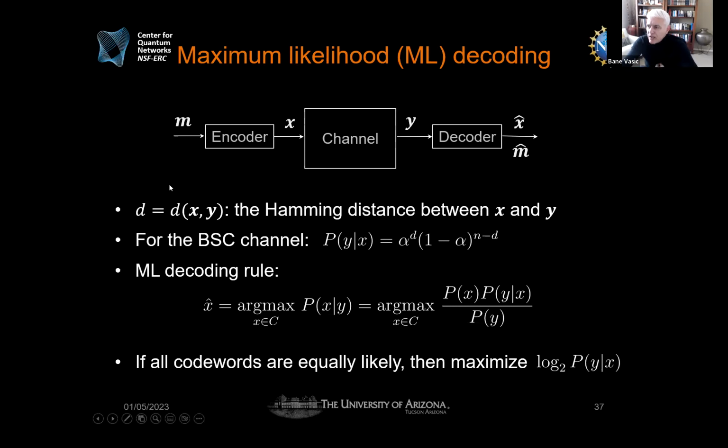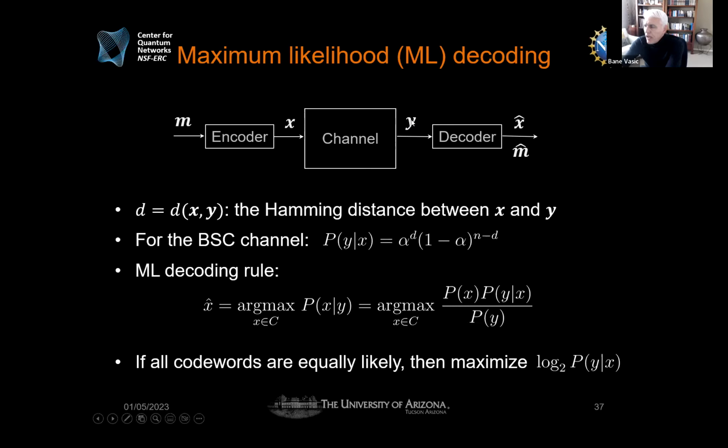So remember that earlier we said that the goal of error correction is to find an estimate of a code word that is somehow closest to the received vector. So what does it mean, closest? Let's say this is a binary symmetric channel, and we have X and Y, X that is transmitted and Y that was received.